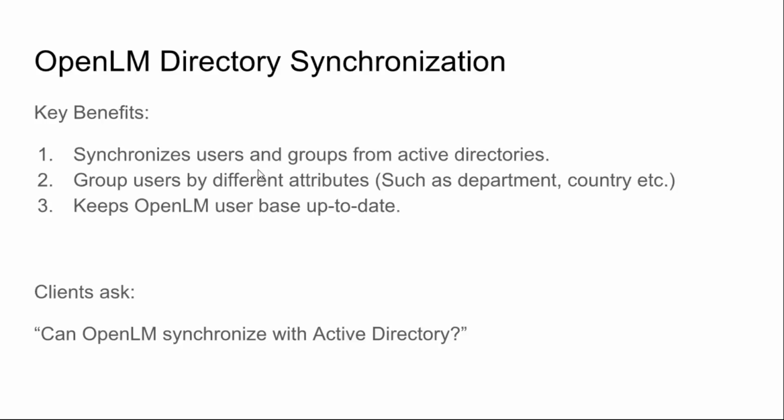It's not really grouped, but all users have an attribute for country, for example, or for department. So you'll be able to group those users automatically just by the department name or by the country name that they have. So you'll be able to keep the OpenLM user base up to date as a result.